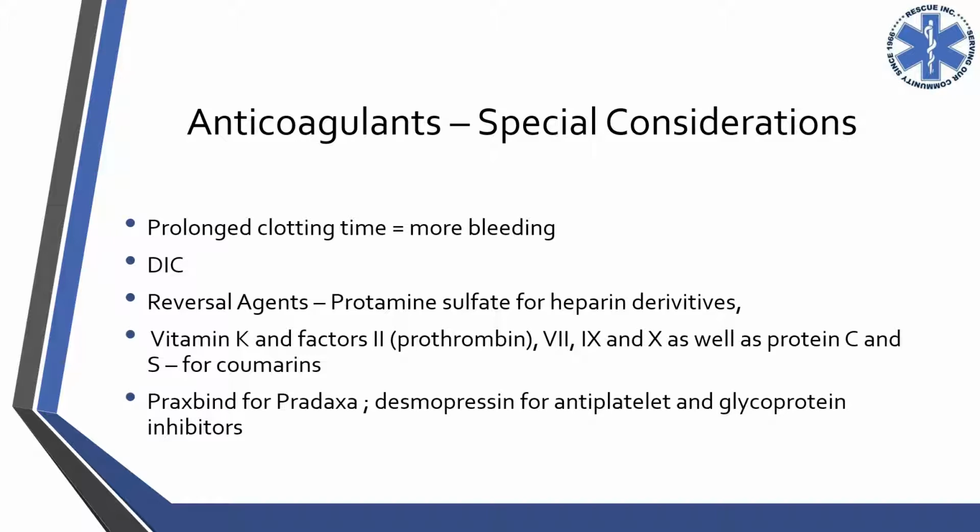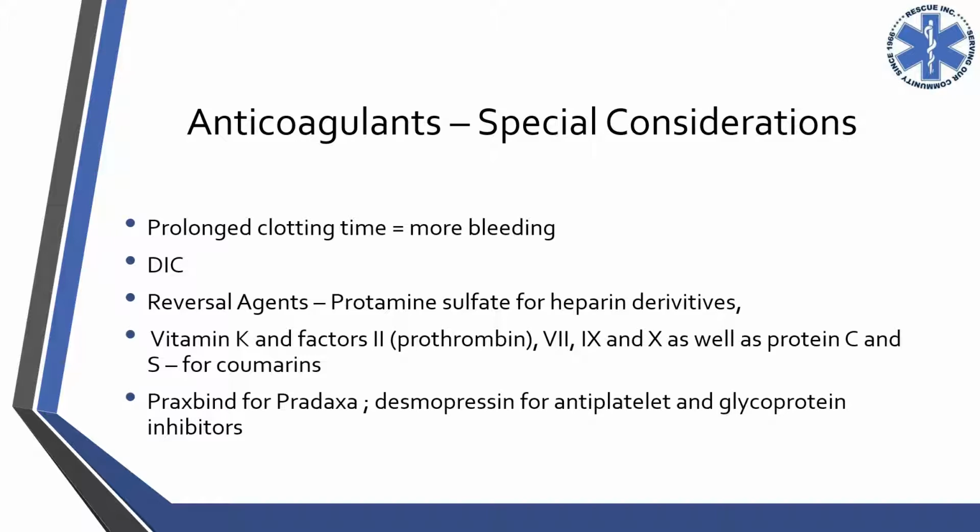We can have DIC with too much anticoagulant. The body is trying to use up its clotting factors. We get out of that, and then we have disseminated intravascular coagulopathy, and clotting doesn't happen at all. And they need clotting factor replenishment. Some reversal agents.